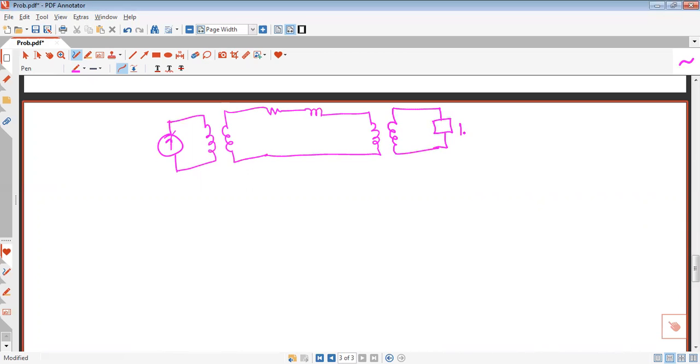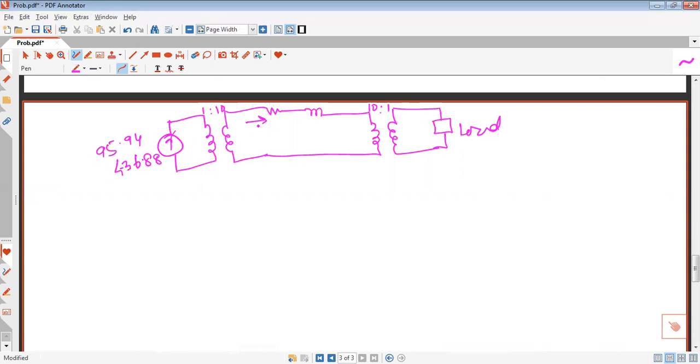So this is our load. This is the question part. So here generator current is given, 95.94, angle is minus 36.88. So here turn ratio is 1 to 10, and then here it is 10 to 1. It means this transformer is a step up transformer, and this is a step down transformer.